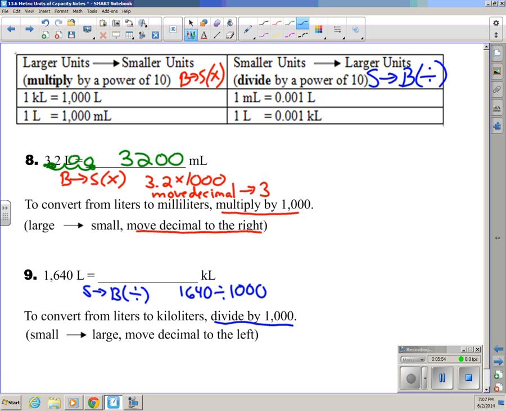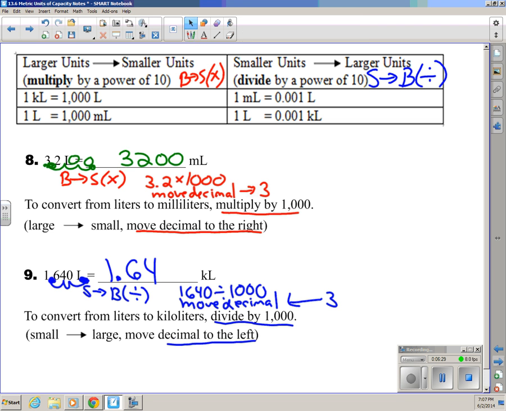Dividing by 1,000 is the same as moving the decimal. I'm sorry, I said the wrong direction. You're moving the decimal to the left. Move the decimal to the left 3 times. So in this number, if you don't see a decimal, the decimal's all the way at the end of the number. You're going to move it to the left. 1, 2, 3. It's going to wind up between the 1 and the 6. So you get 1.64 kiloliters.